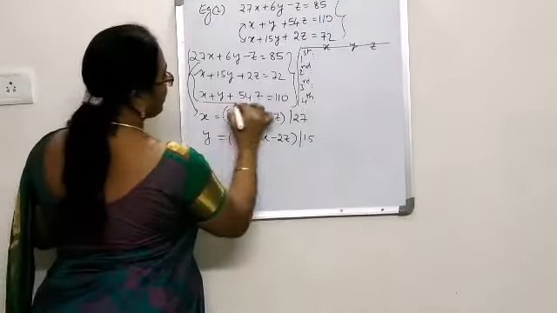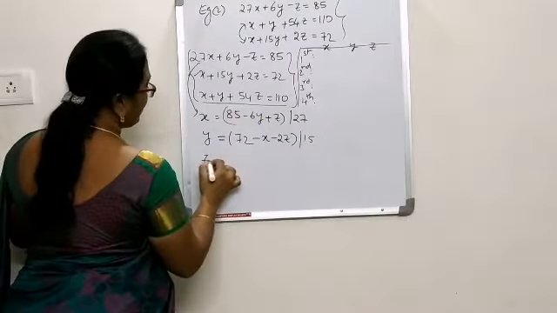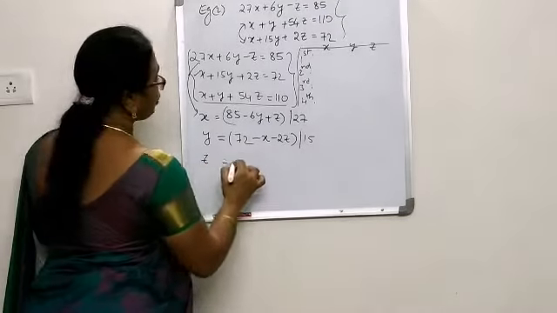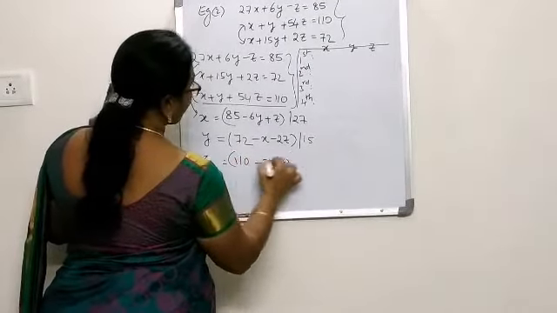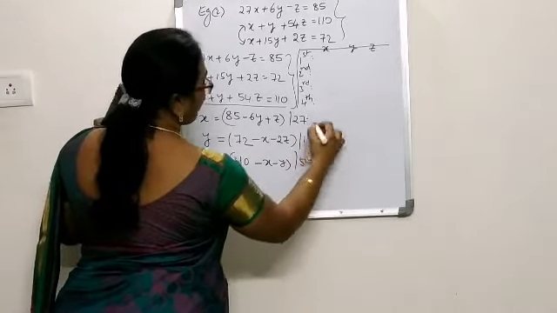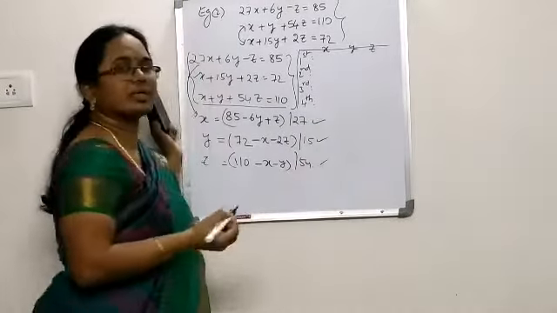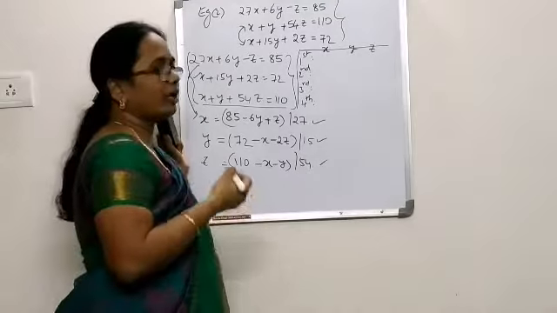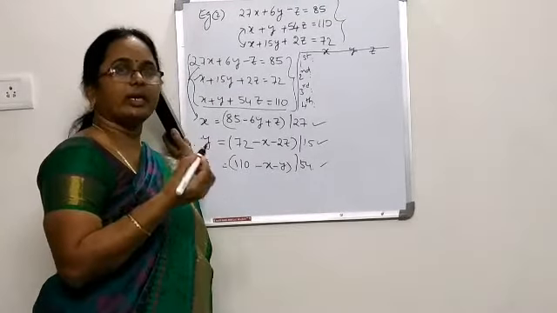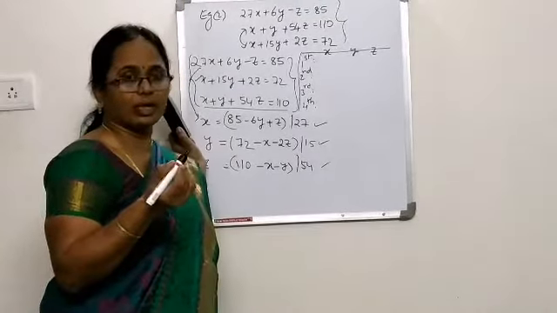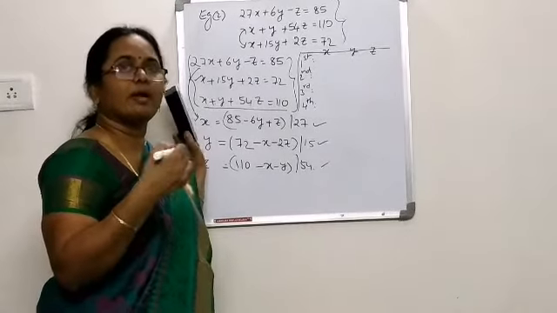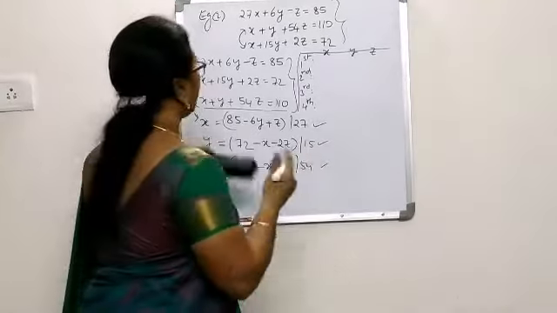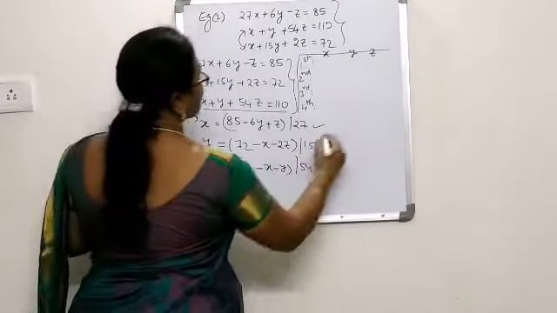Similarly, from the third equation of the dominant system, we can write the third variable z equal to 110 minus x minus y upon 54. Now, these three variable expressions are very useful to us in order to get the iteration values successively. And we stop the process when two successive iteration values are approximately the same, right? Now, let us do the first iteration.